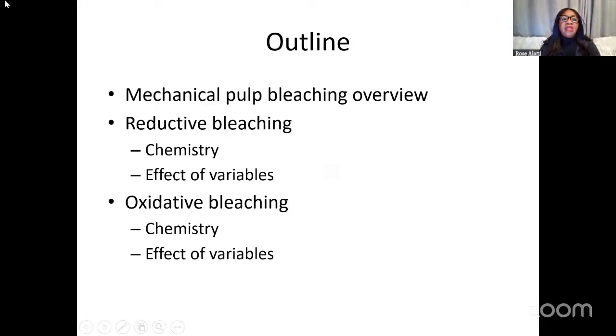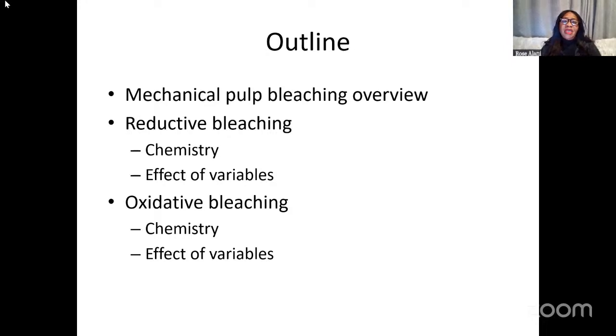We're still talking of mechanical pulping. In this case, the bleaching overview. Sorry, this slide is still carrying the old code. CHM 506 is the ICH 512.